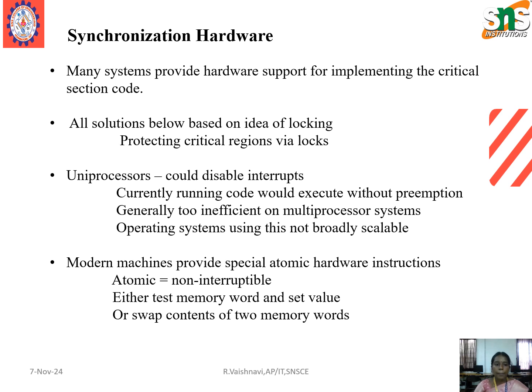Second, in a uniprocessor we could disable interrupts, so currently running code would execute without preemption. This is generally too inefficient on multiprocessor systems, and operating systems using this are not broadly scalable. Third, modern machines provide special atomic hardware instructions, where atomic means non-interruptible: either test a memory word and set its value, or swap the contents of two memory words.